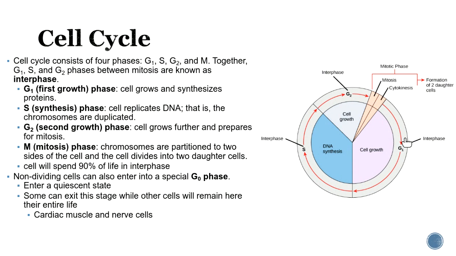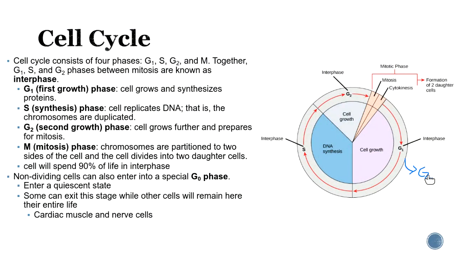Now, some cells can decide to leave G1 and enter what's called G0. So, let me draw this right here. There's like a little exit ramp right here, and it can go into what's called G0. It's kind of hard to draw, but they can leave and go into G0. It's like a cell quiescent state.